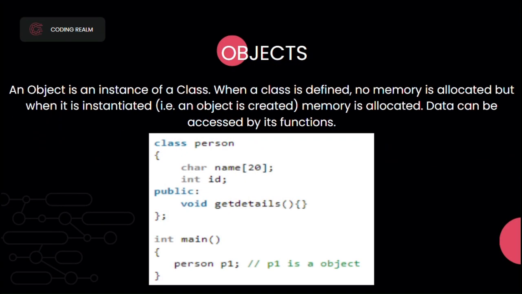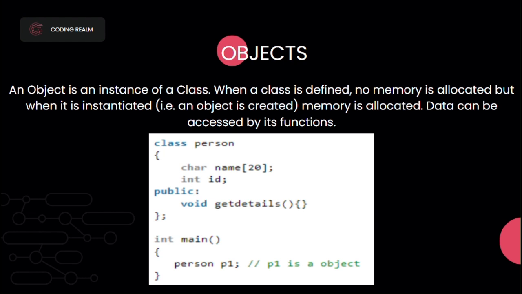An object is an instance of a class. When a class is defined, no memory is allocated, but when the object is created, the memory is allocated. Data can be accessed by its functions. Look at this example. In this example, I need the name and the ID of persons.